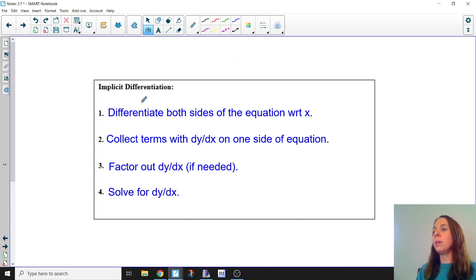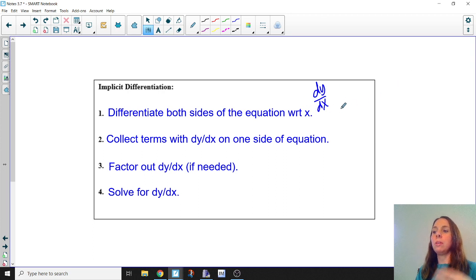So the steps are: differentiate both sides of the equation with respect to x. This WRT means with respect to x. And that means when you're differentiating a y, you multiply by dy over dx.